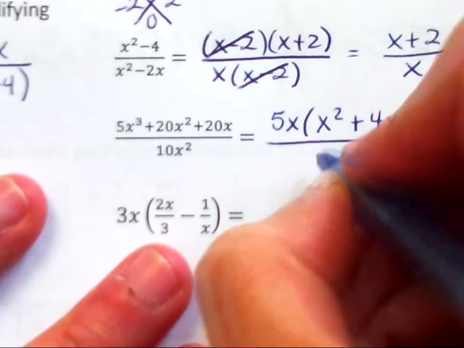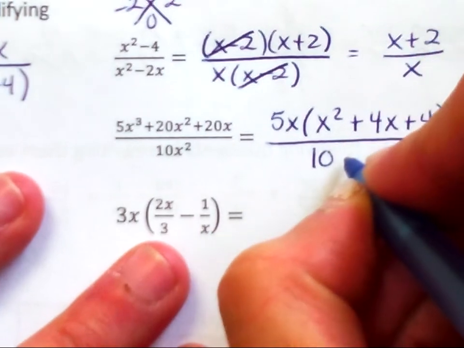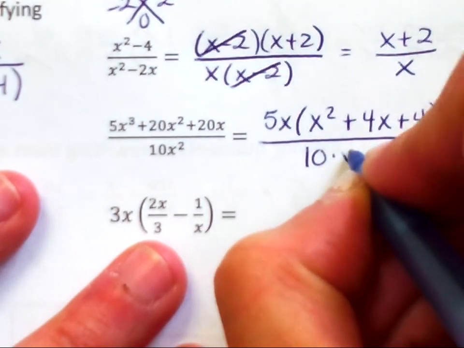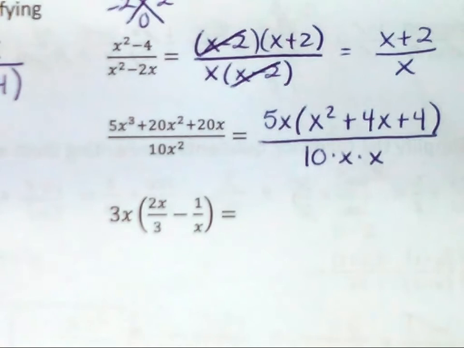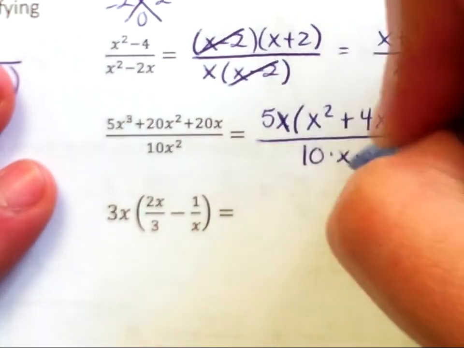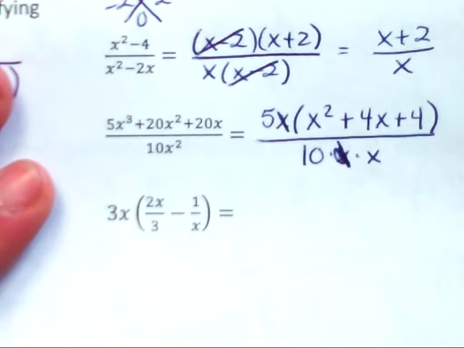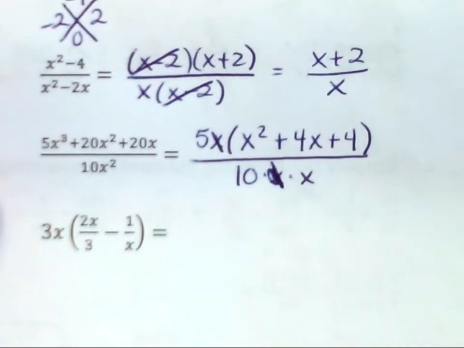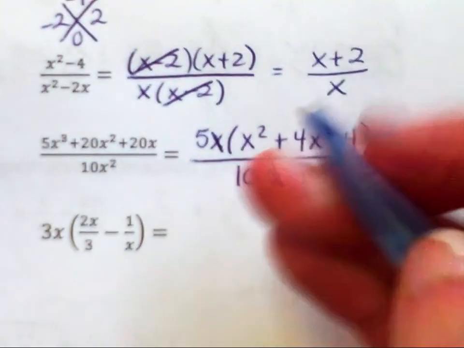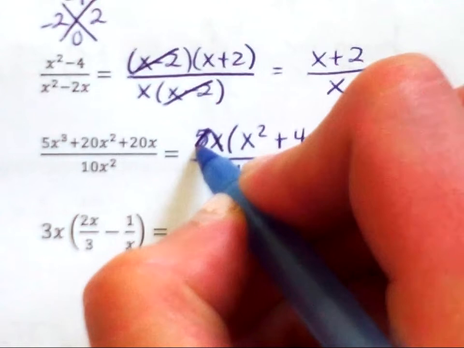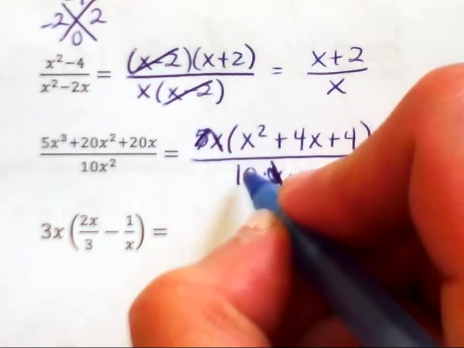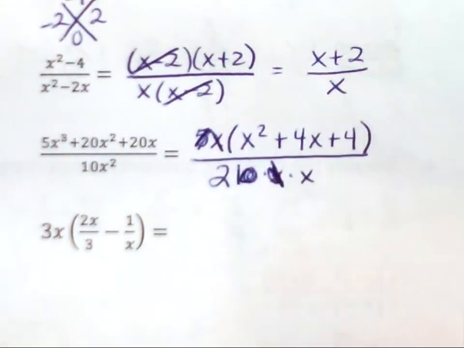And in the bottom we have 10 and x squared. So since it's easy enough, I'll just write it out as x times x. Then I can cross out this x and this x. And I can reduce the 5 and the 10, making this cancel to a 1, and this 10 cancel to a 2.